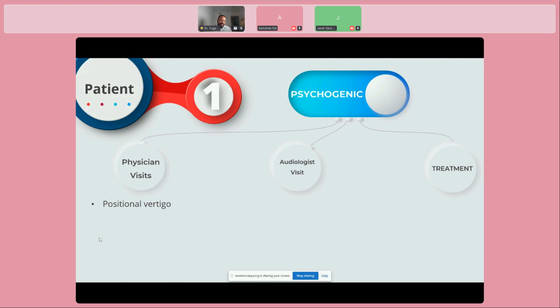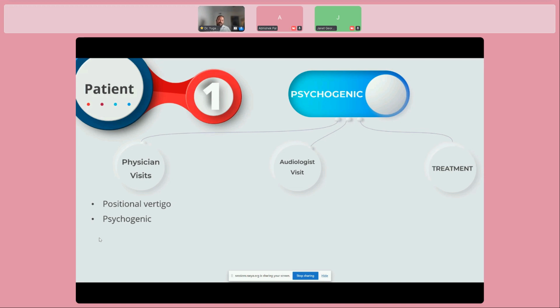This particular patient had multiple visits with physicians, and unfortunately was first diagnosed as positional vertigo. Positional vertigo is not a diagnosis. That's a common way of saying that the vertigo is significant in certain positions, but that is not a diagnosis. Unfortunately, a lot of physicians, due to lack of awareness, come up with this particular diagnosis, and that's not appropriate.